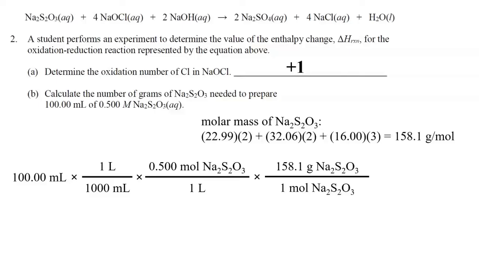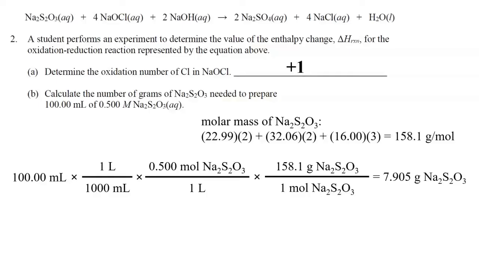So when I pick up my calculator and I go from left to right, it's going to be 100.00 divided by 1,000 times 0.5 and then times 158.1.